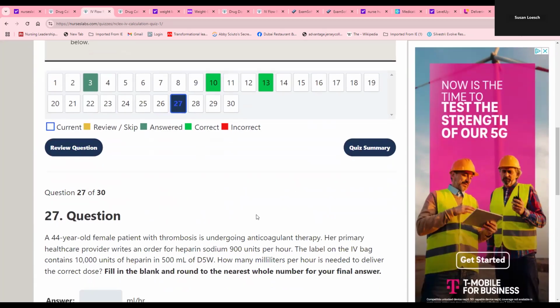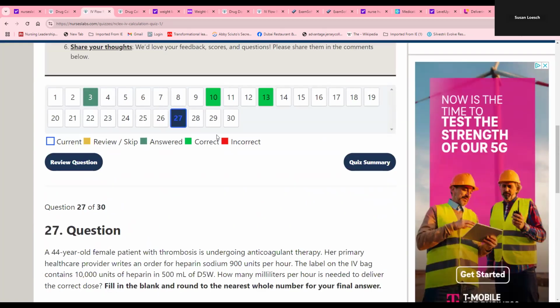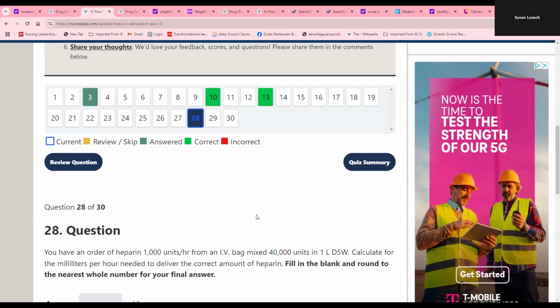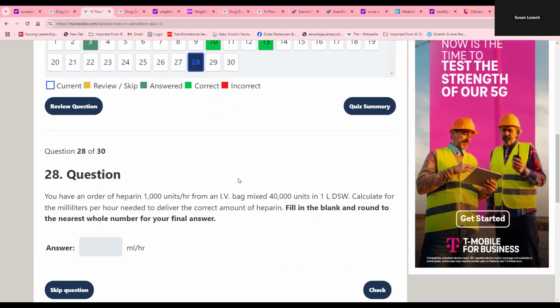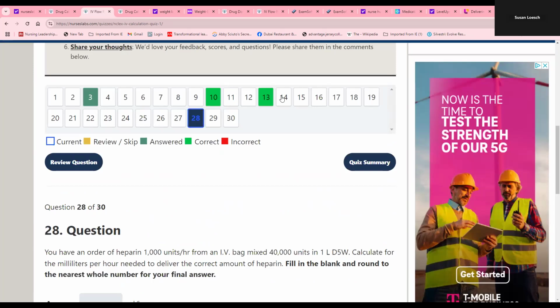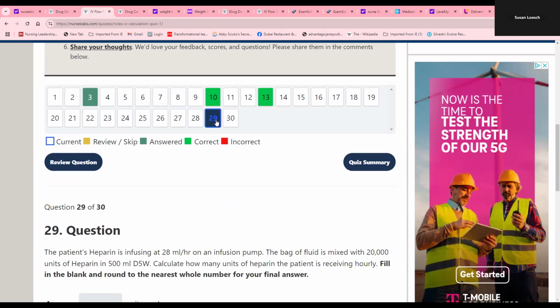Anybody else have any other questions on being able to calculate that infusion time? Do you guys feel like you're good with that? Any other questions on there that you needed me to review?